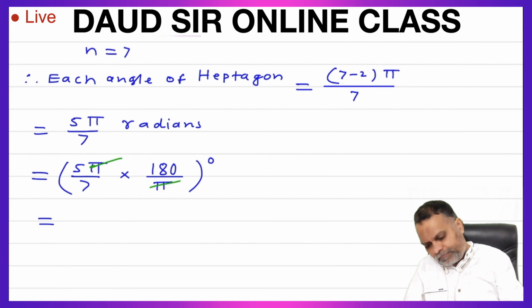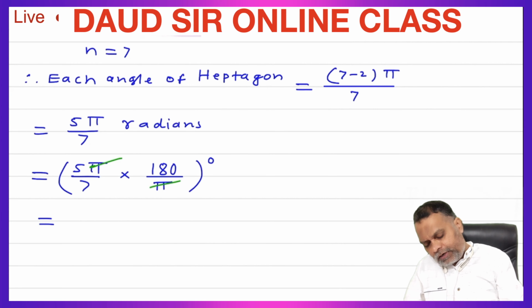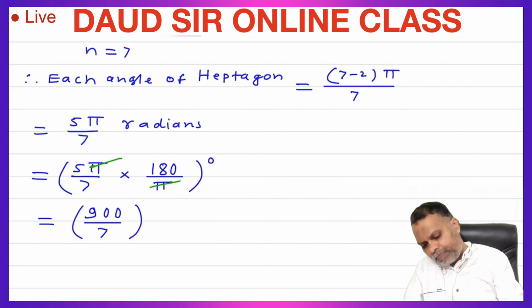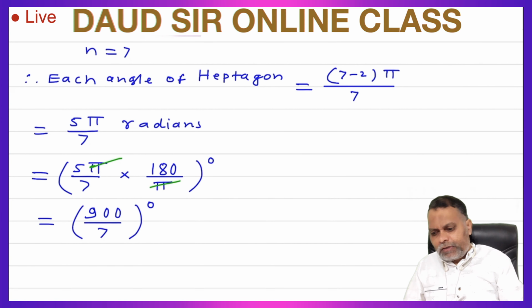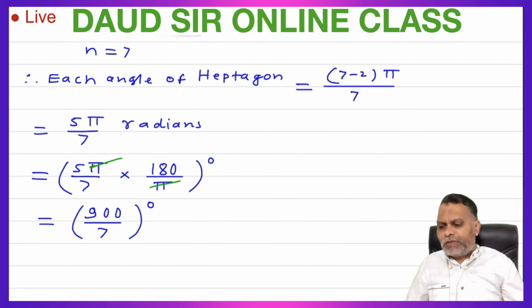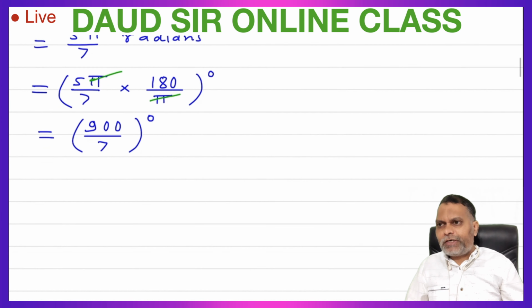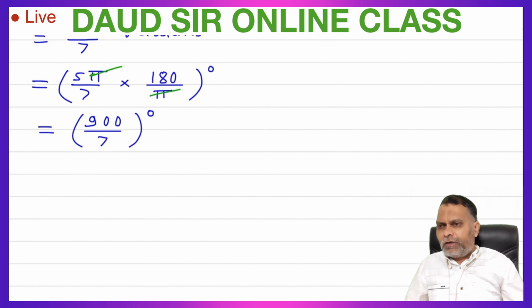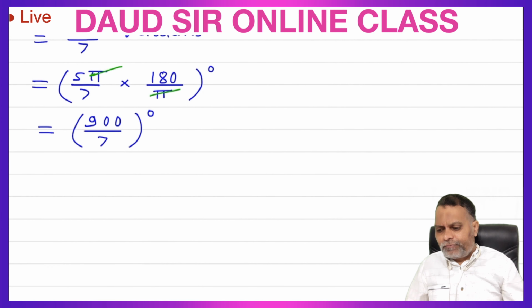So this is 5 upon 7 into 180 degrees. 18 5s are 90, so 900 upon 7 degrees. This is not a complete degree, so we have to convert into degree, minute and second.